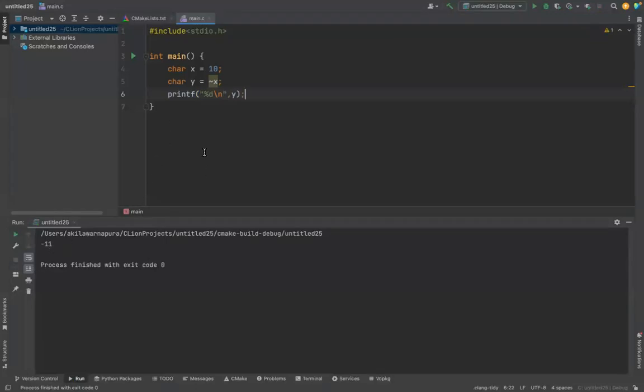Let's say the y value equals minus 11. How does it happen? Take the bit stream.